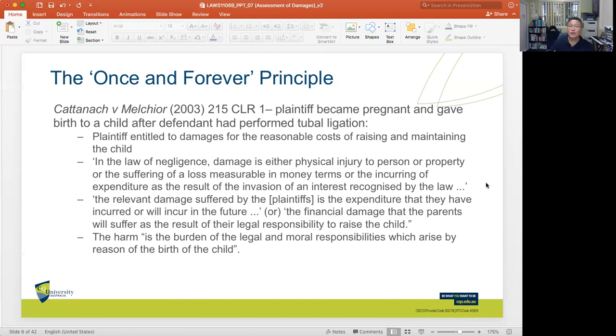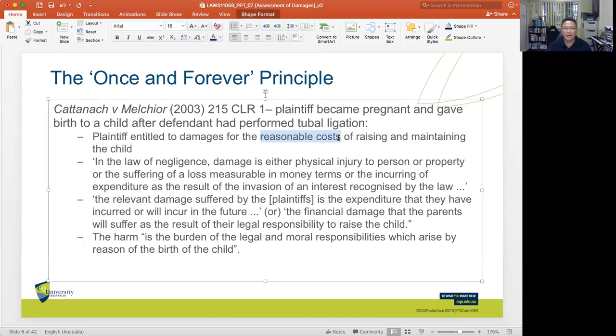And on this basis, the plaintiff sued the defendant surgeon. What the plaintiff was trying to do was to recover damages for the reasonable costs of raising and maintaining the child. And the court held that yes, the plaintiff was entitled to damages for the reasonable costs of raising and maintaining the child.